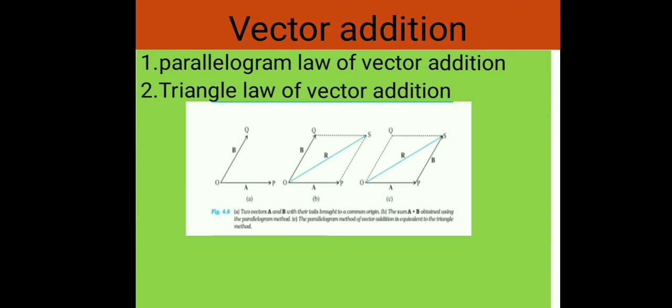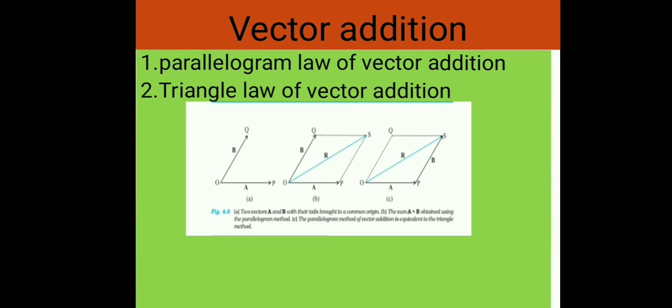You can see in figure C, in which OP is vector A, PS is vector B, and the resultant is the third side of this triangle, that is OS, which is vector R.